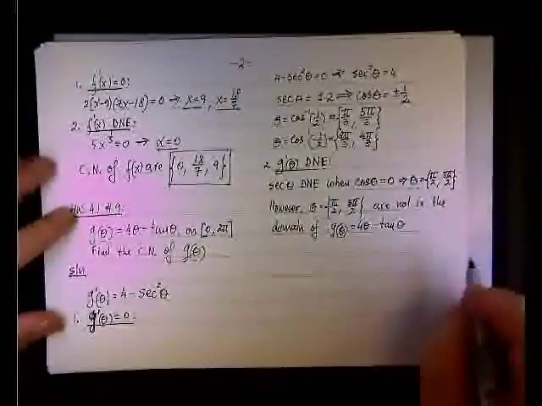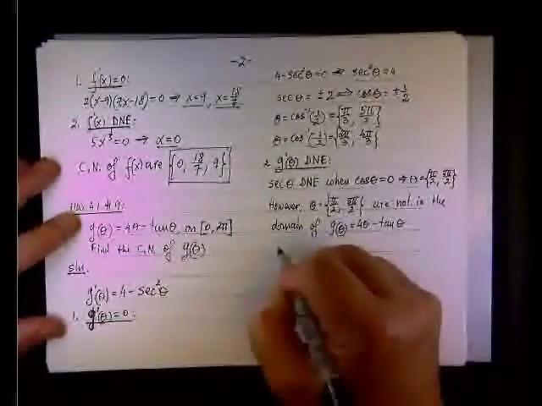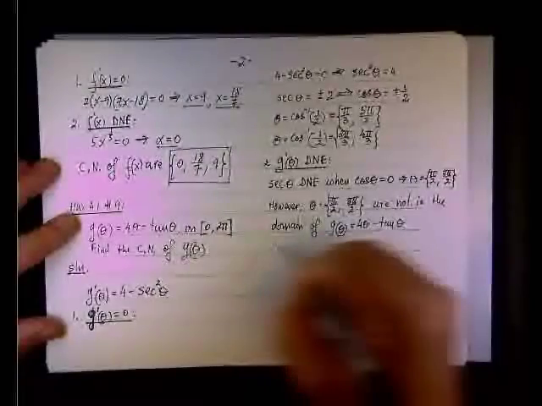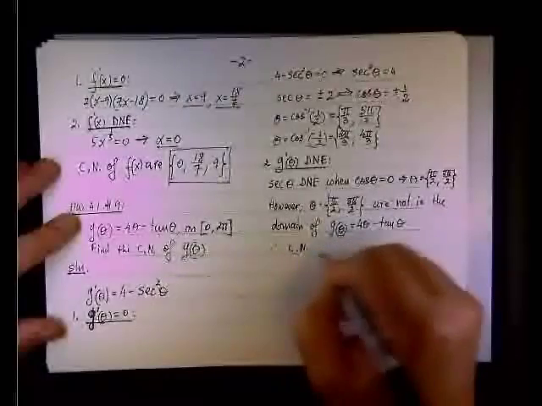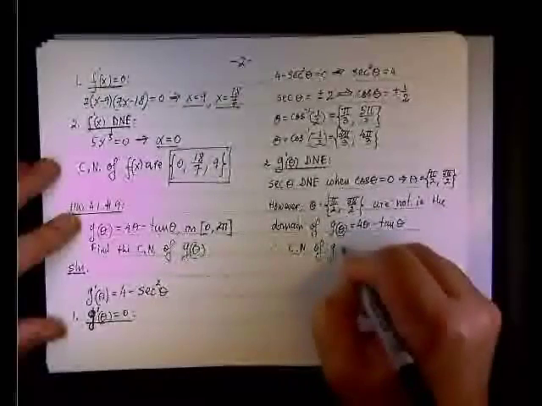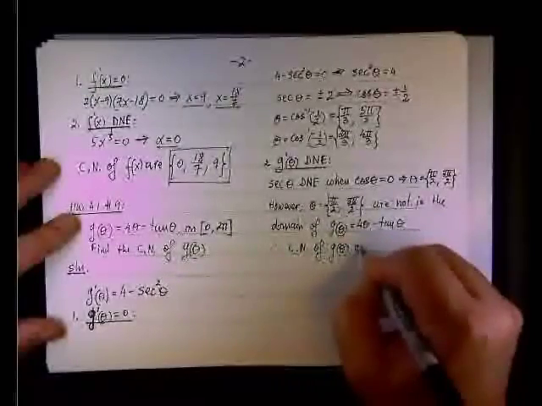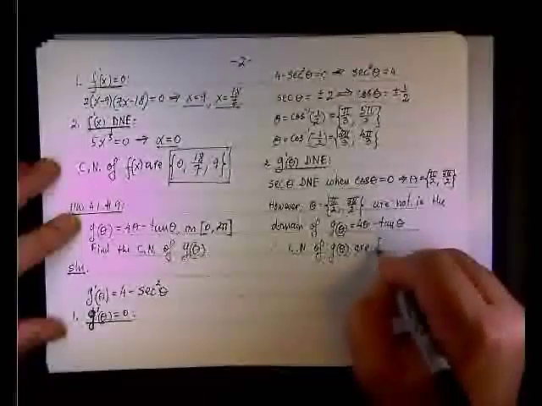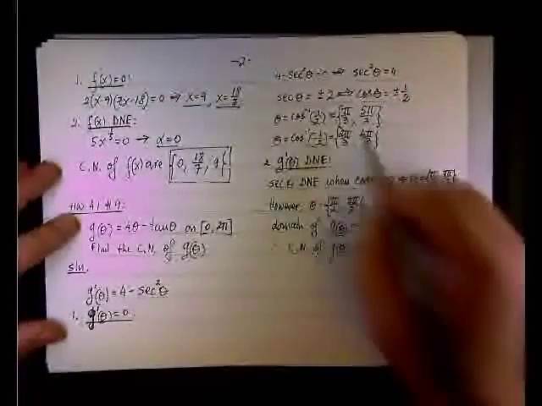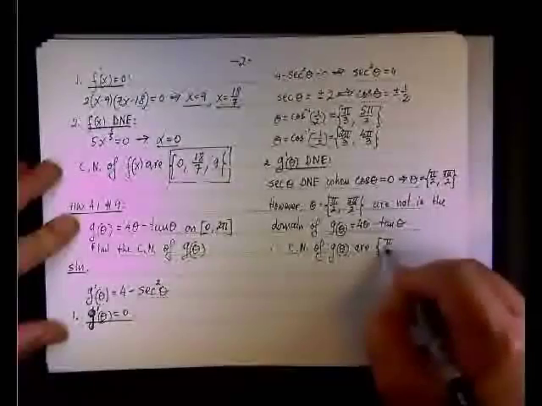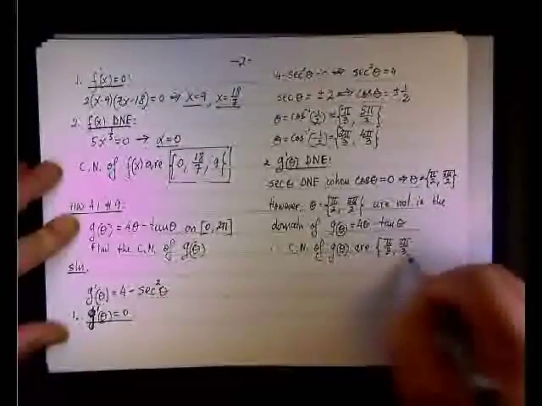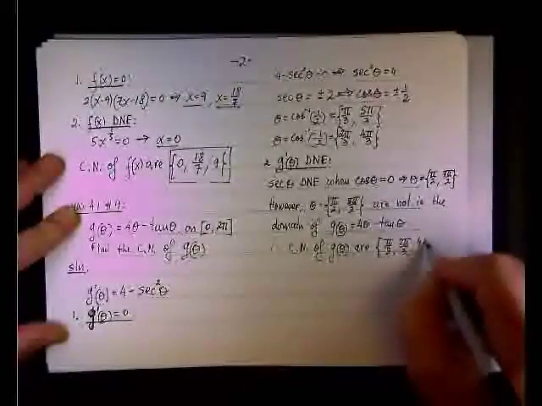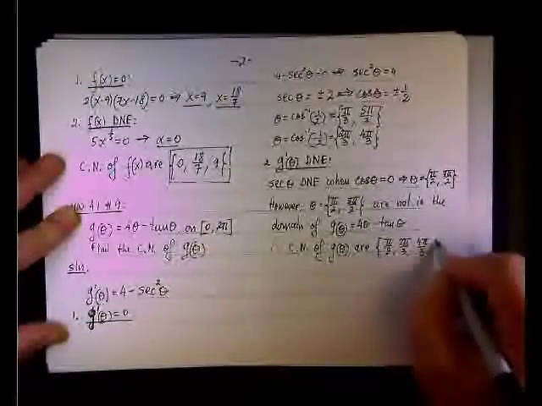So, therefore, we have only 4 solutions, and the critical numbers of g of theta are this set. Again, they want it in order, so it will be pi over 3, and then 2 pi over 3, and then 4 pi over 3, and finally 5 pi over 3.